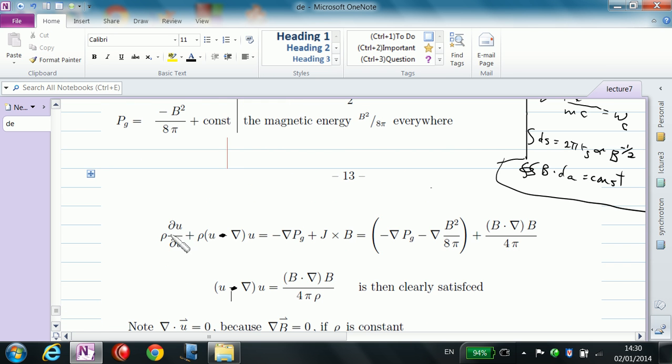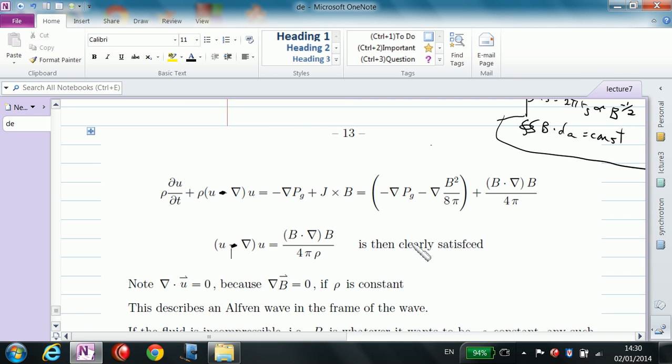This is Newton's second law: rho times the Lagrangian derivative of U, dt, is equal to the gradient of pressure plus the magnetic force. And let's plug this solution in. Well, the gradient of this term obviously equals a constant, right?